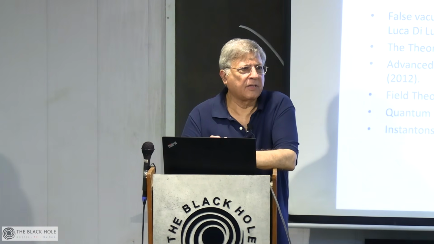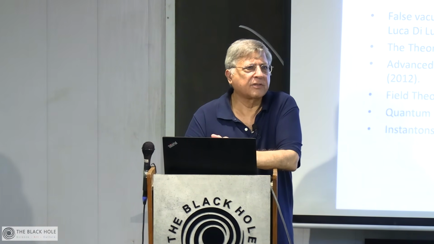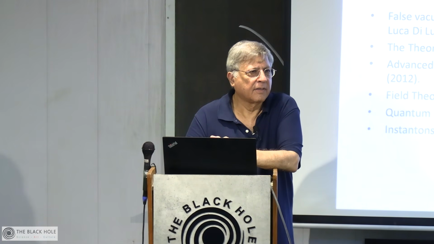So we have these instanton solutions in non-abelian gauge theories, but we don't have them in abelian, right? No, we did see an example. We saw the O(4) instanton, which was for a phi to the fourth theory.